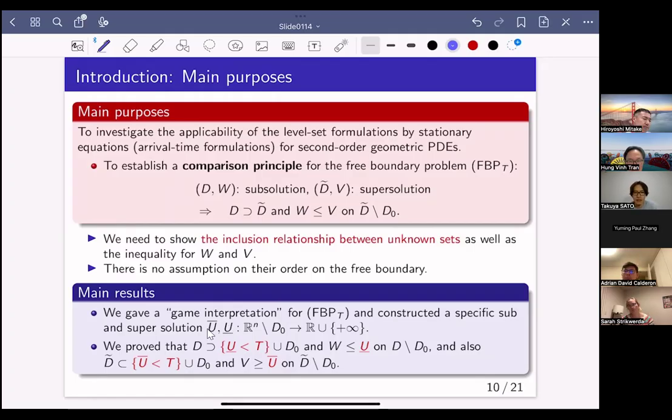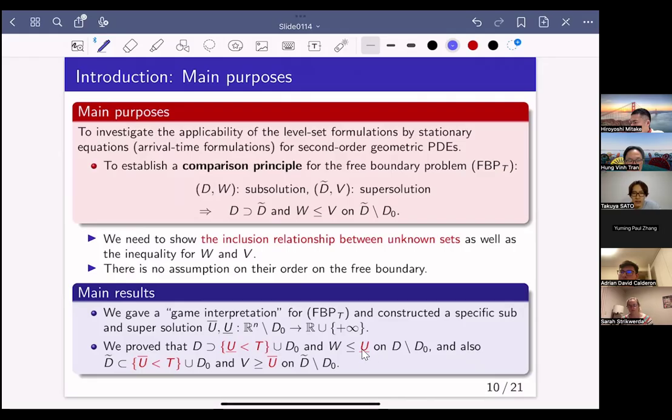Then by using these two specific sub and super solutions, we prove the comparison for sub solution and super solution. Here we prove that an arbitrary sub solution W has the inclusion relation to the sub-level set of this limit of value function, and W has the ordering with U under bar, and it is also so for V and D tilde.